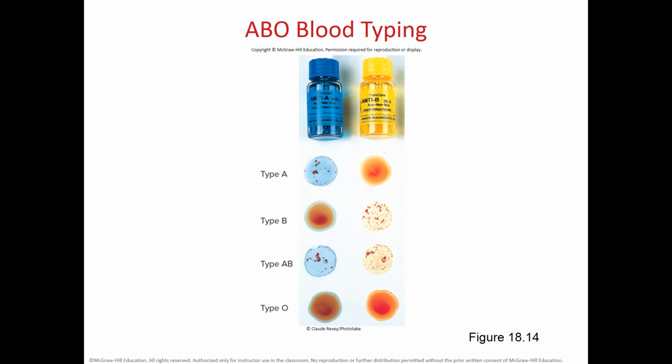When you are performing just the ABO blood typing, you will use antibodies. In the case of this left side column, you will use anti-A, and in the case of this B-type column, you will use anti-B antibodies.